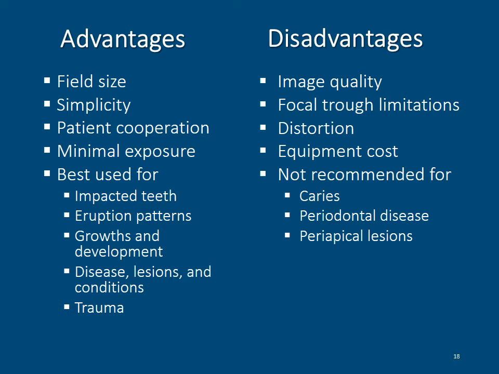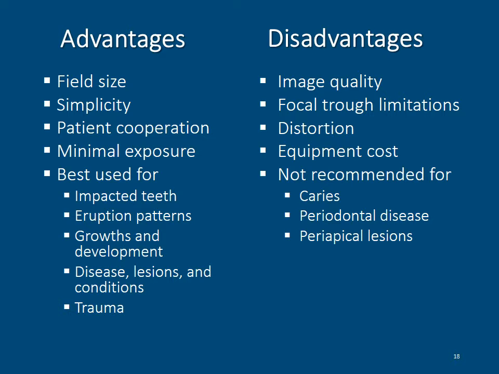It has minimal exposure, and it is best used for evaluating impacted teeth, eruption patterns, growth and development, also looking for lesions, disease, and conditions that cannot be seen with either simple periapicals or bite wings. And we also are able to evaluate trauma to the maxillary and mandibular jaw lines.